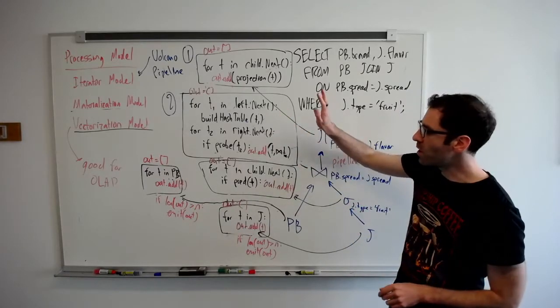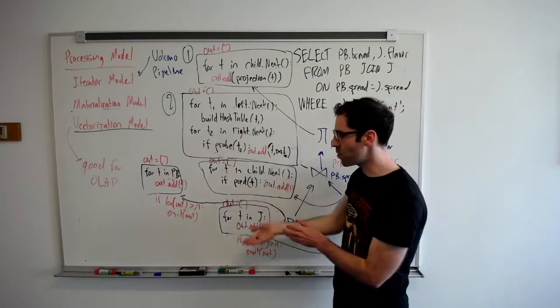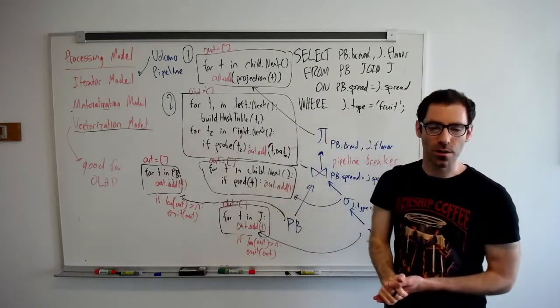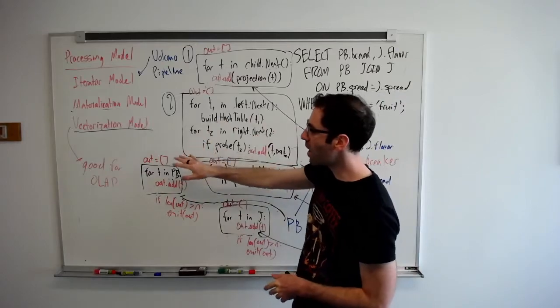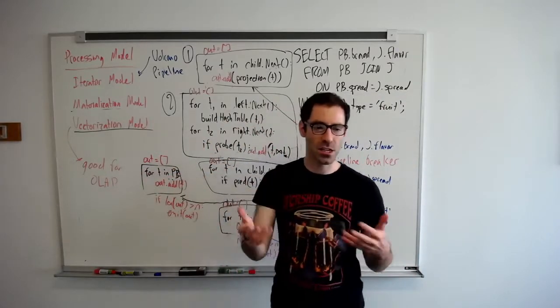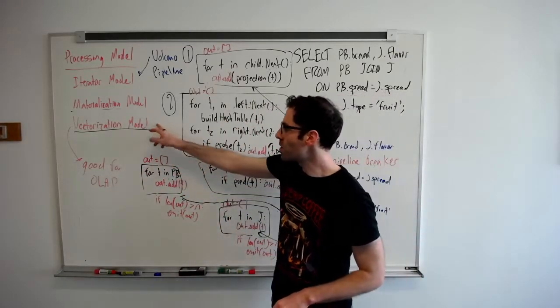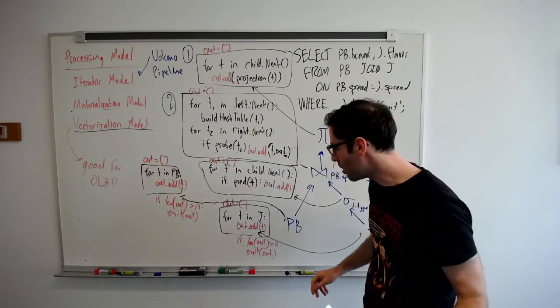And so we can reduce overhead by batching our outputs. And so high-end analytics databases will typically support this sort of vectorization model.